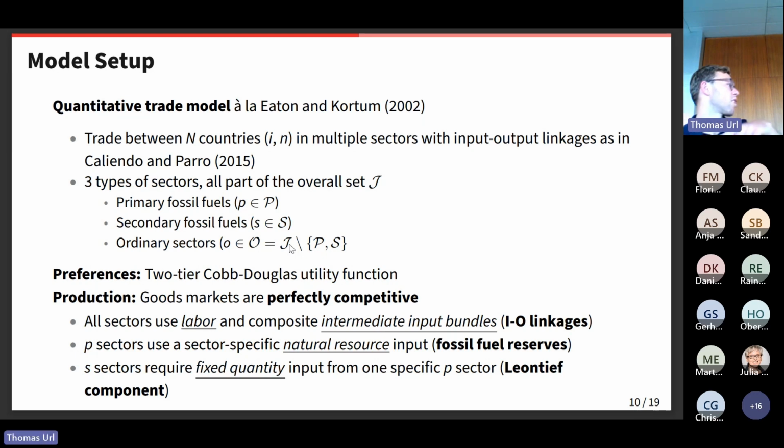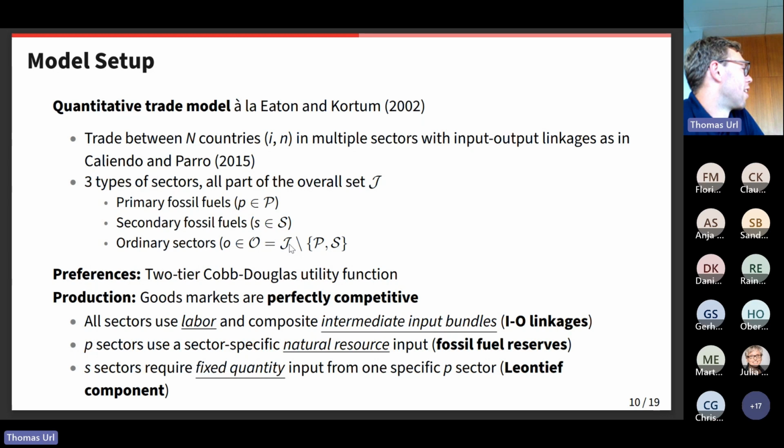Do I understand it correctly? You need a certain amount of crude oil to produce 1 liter of diesel, for example. Yeah. And that's a fixed relationship between crude oil and the output of the fossil fuel product. Yeah, exactly. But what if you have another sector that also needs a fixed, but very small, amount of crude oil to produce something?